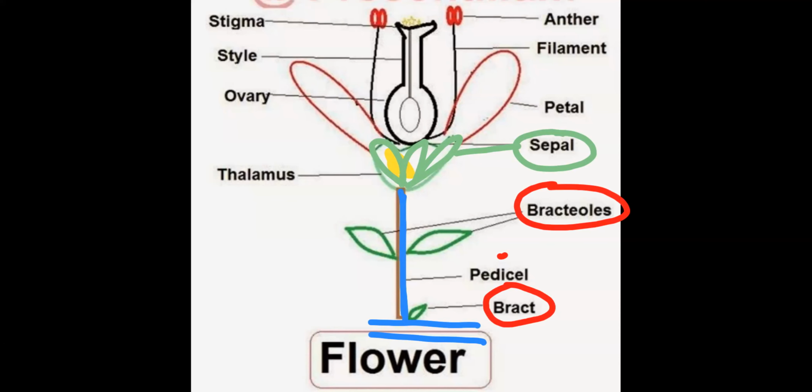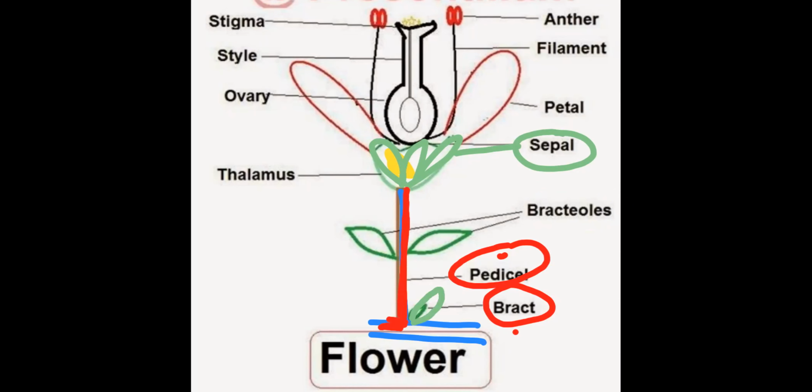Now, first of all, what is bract? So bract, we can say that is attached. Diagram में दिख रहा है clearly. See, bract, a small reduced leaf-like structure that is present at the base of the pedicel. ये pedicel है, ये इसका base है. So over here, one small reduced leaf-like structure is present that we call bract.